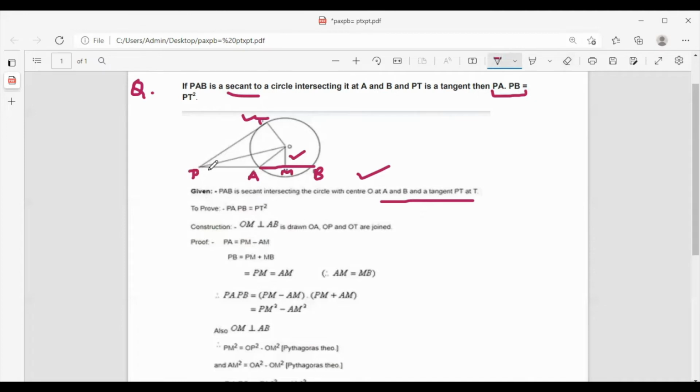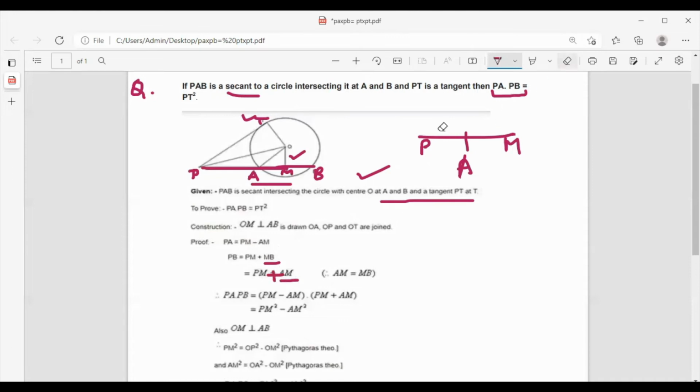If you want to find out PA, it will be your complete line PM minus AM. In the same way, PB will be equal to PM plus MB. Here instead of MB, we can write AM also.